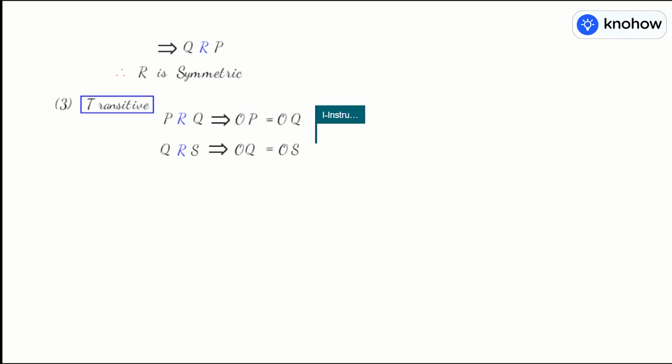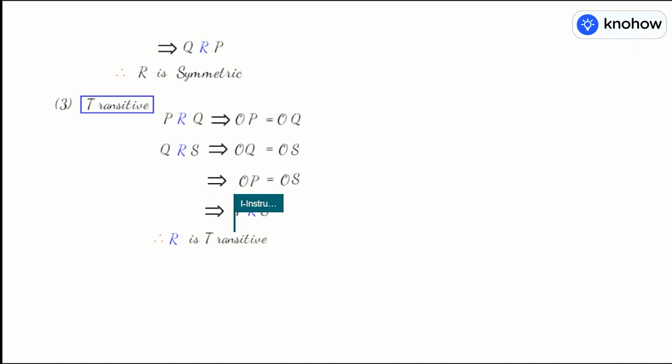From these two, OP equals OQ and OQ equals OS, so OP is clearly equal to OS, and you can conclude that P is related to S. That is, P related to Q, Q related to S, and P related to S. So we can conclude that the given relation R is transitive. So what do you find? That the relation is reflexive, symmetric, and transitive on the set of points in the plane. So we can conclude that yes, the given relation R is an equivalence relation.